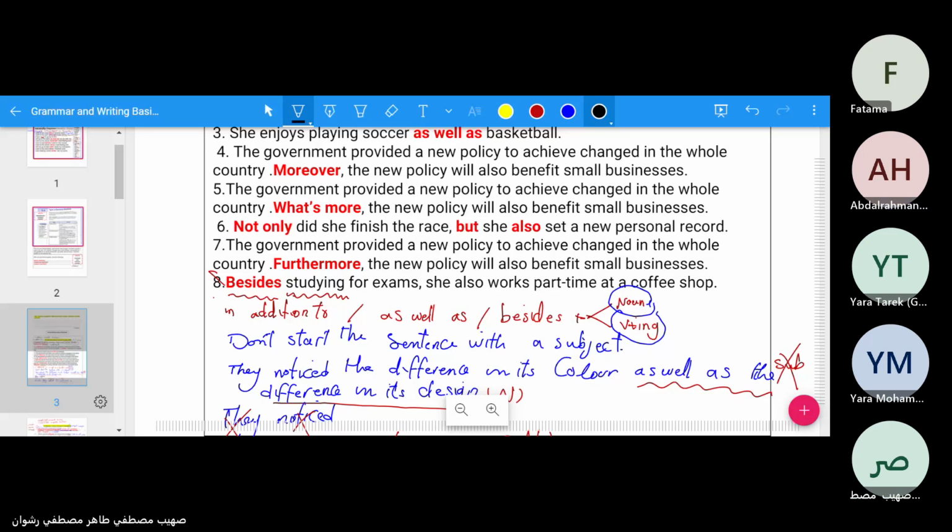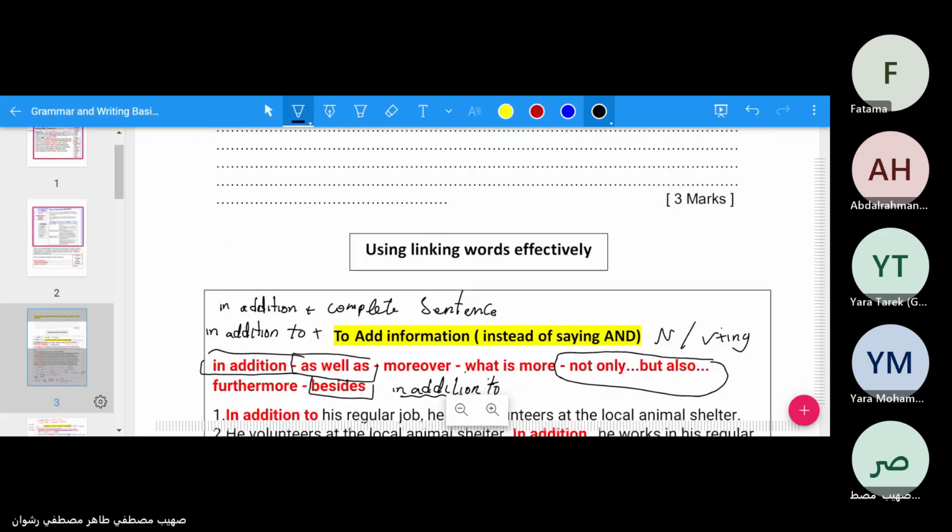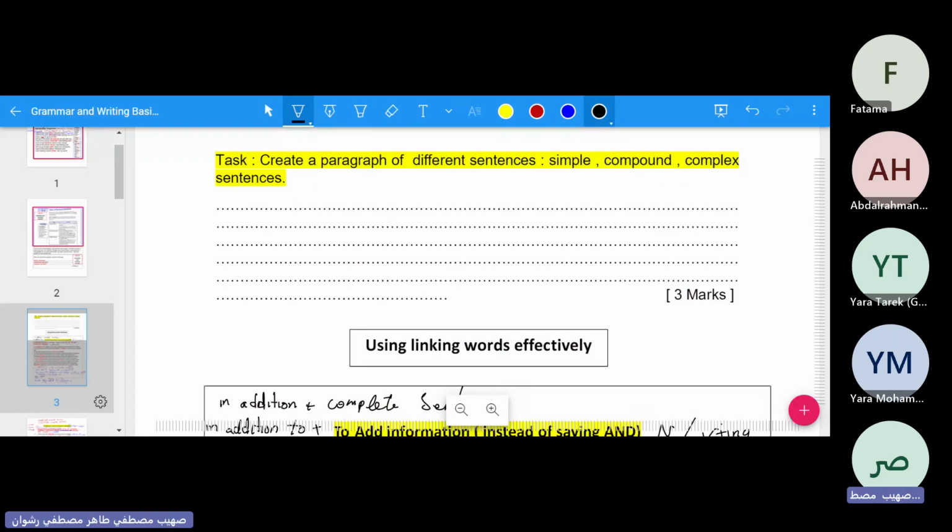Yes, sir. Excellent. Not only but also. Who can give a correct example of not only? There is a rule here for not only. Anybody knows, or should we explain it?